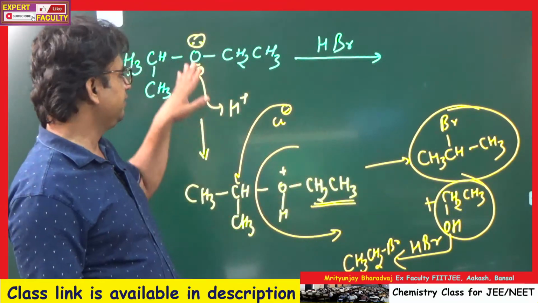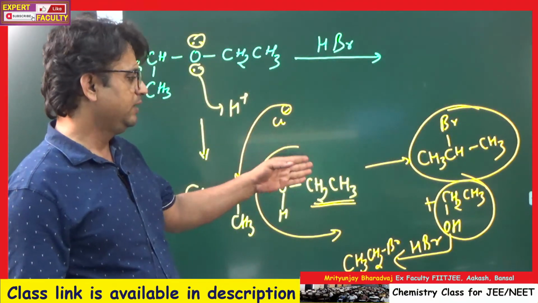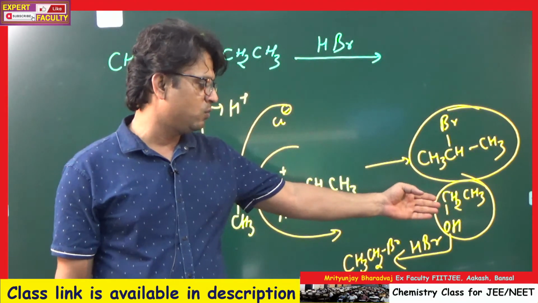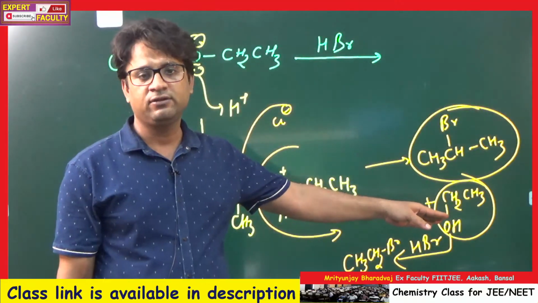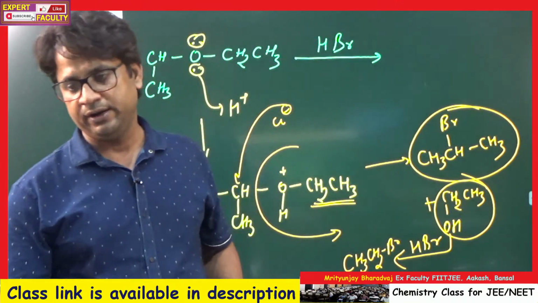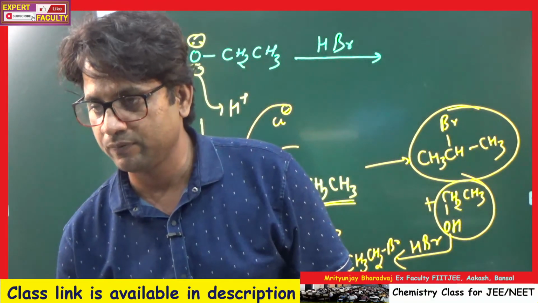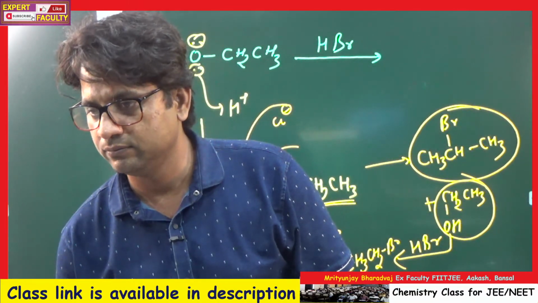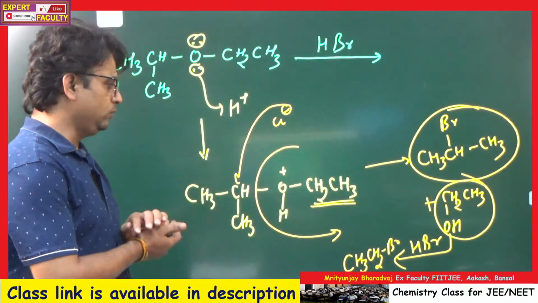The ether reacts in this first step. Ether breaks into alkyl halide and alcohol, and that alcohol further reacts with HBr to give bromide. Okay.